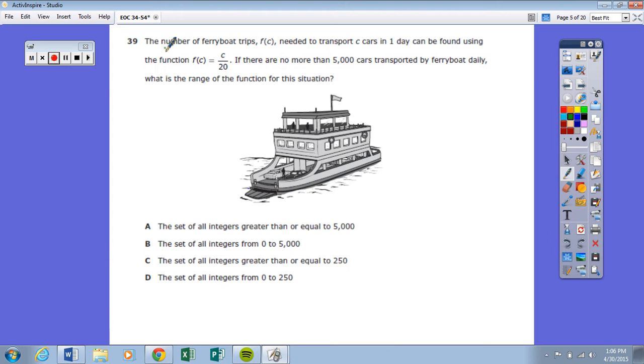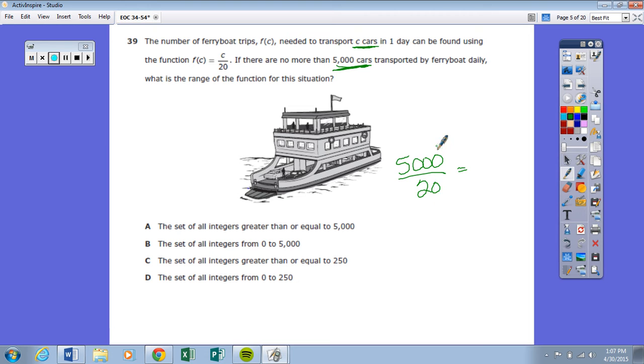Okay, number 39. The number of ferry boat trips can be found using this function, okay, and C represents cars. If there are no more than 5,000 cars, what is the range for this situation? Well, it just tells you right there, 5,000 cars. So put in a 5,000 for your C and do the division.